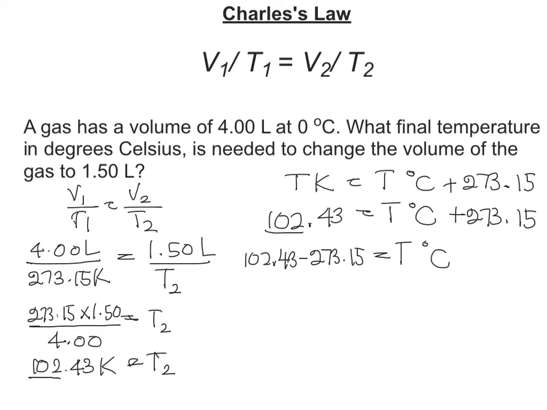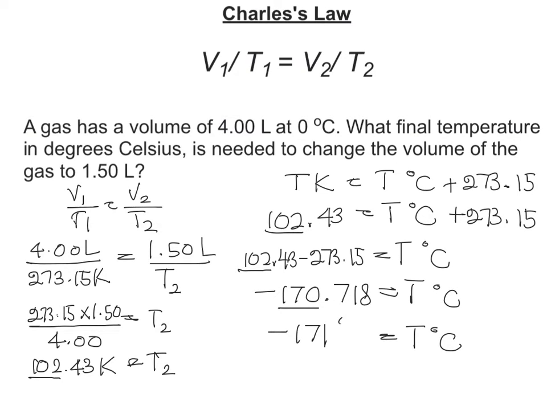So we are going to get a negative temperature, and that is negative 170.718 degrees Celsius. We have to round off our final temperature to a number without any decimal places. So the final temperature in degrees Celsius would be negative 171.